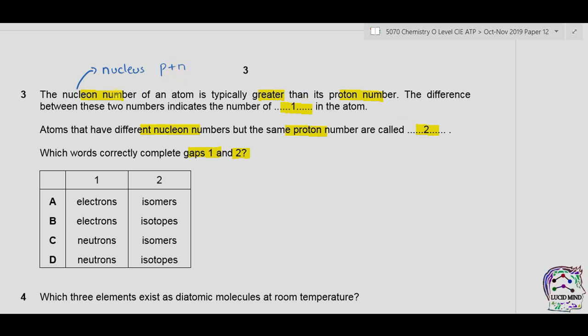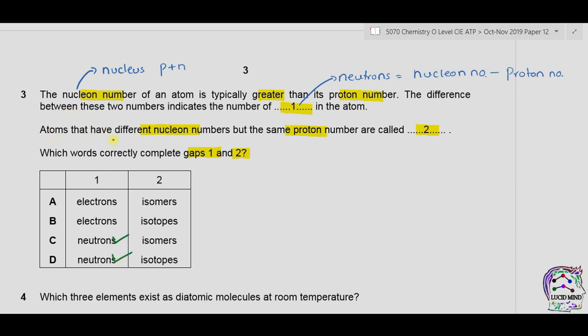So the difference between the nucleon numbers and proton numbers indicates the number of neutrons in an atom. So it should be neutrons.